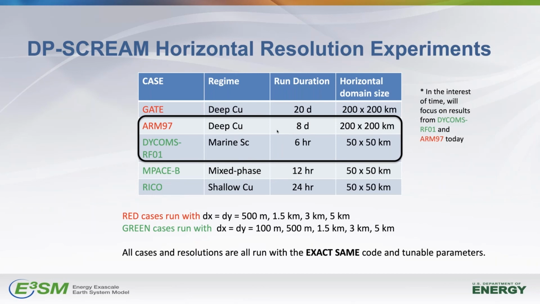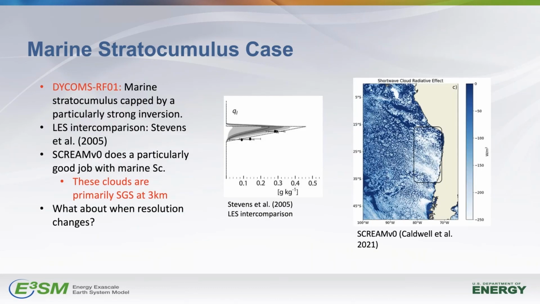I want to stress that we run all cases and resolutions using the exact same code and exact same tunable parameter sets. So our marine stratocumulus case is DYCOMS RF01, which represents observed stratocumulus off the coast of California that is capped by a particularly strong inversion. This was the basis for an LES intercomparison study led by Bjorn Stevens, which featured an unusually large spread in the participating LESs. It has more or less become a go-to case to determine if a model can parameterize or simulate stratocumulus.